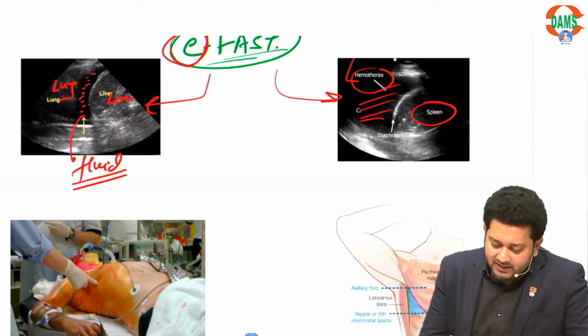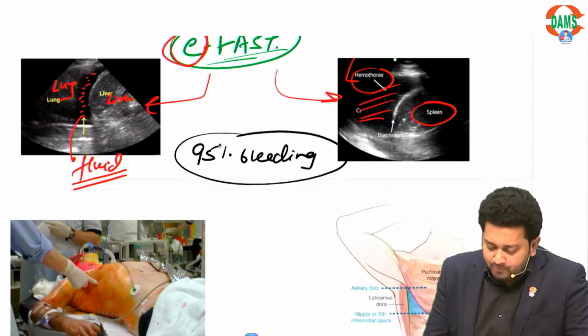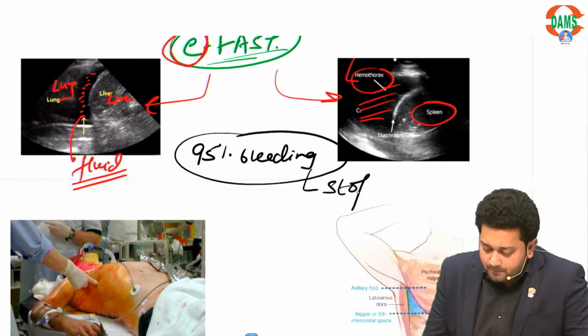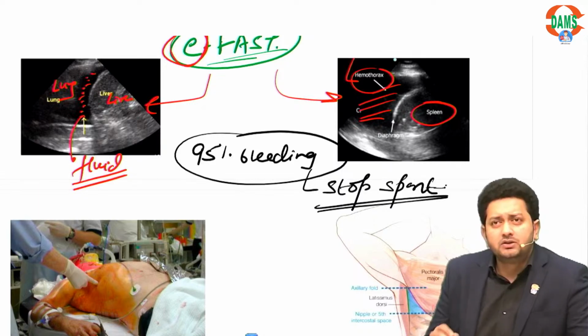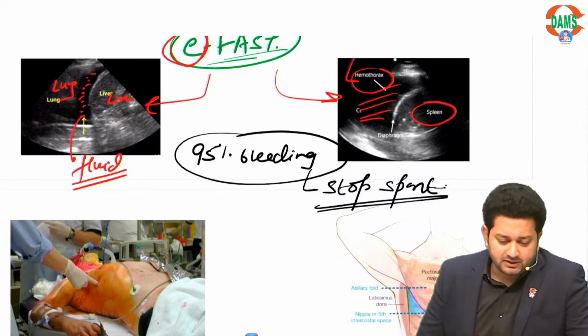Okay, now see, there is bleeding, but 95% of the bleeding will stop spontaneously. It will stop on its own. You should not be worried about the bleeding part per se.